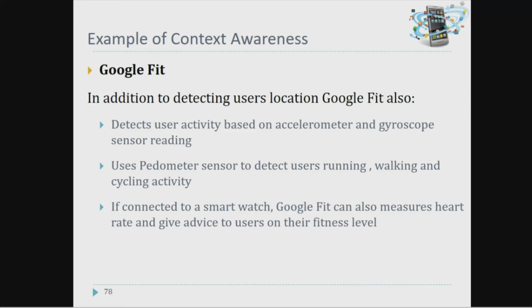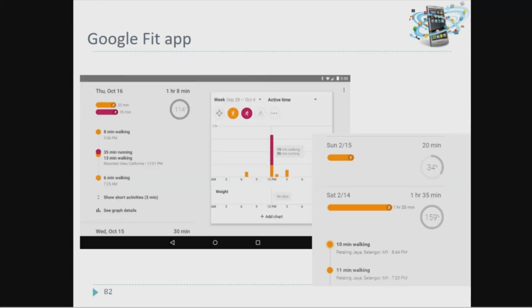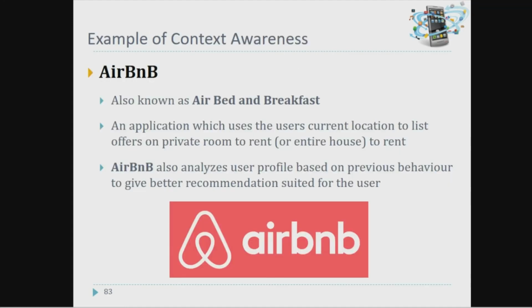If connected to a smartwatch, Google Fit can also measure the heart rate and give advice to the user on their fitness level. So it collects the data, then processes it, and then gives feedback to the user. So this is an example of a context awareness application. It tries to collect your data, then based on this data it will suggest or recommend something.